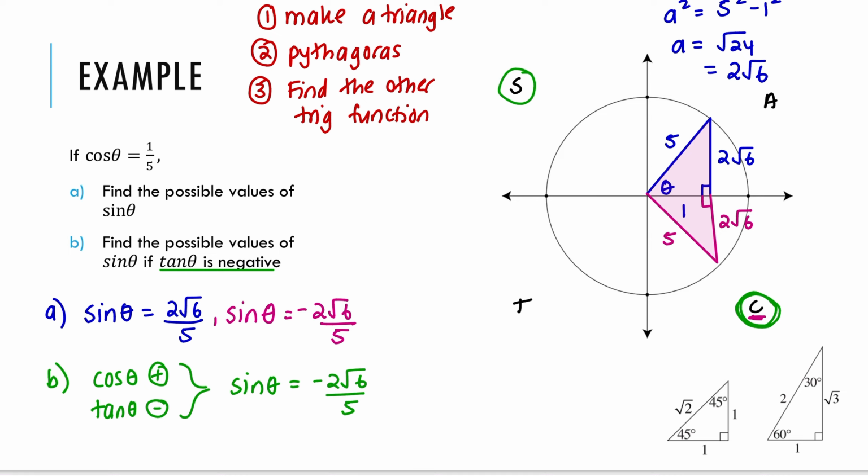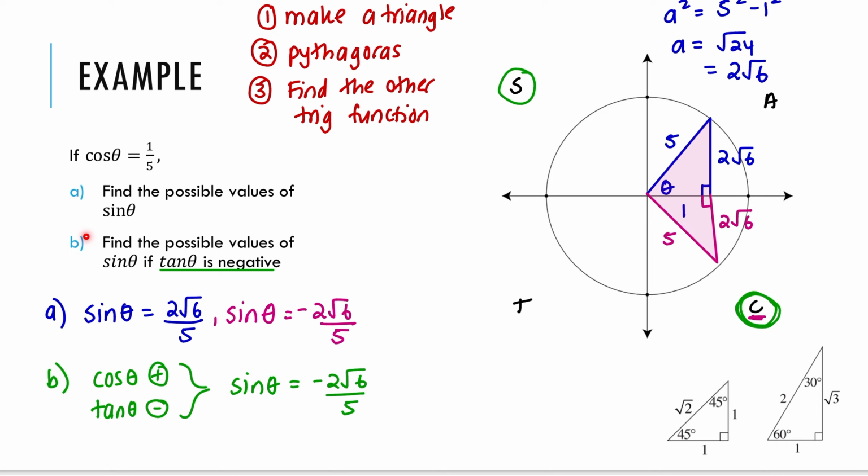So to recap, I'm going to look back at part A. To find another function, first step is to make a triangle. Your second step is to use Pythagoras to find the unknown side. Your third step is to then find the other trig function, considering what quadrants it's in.